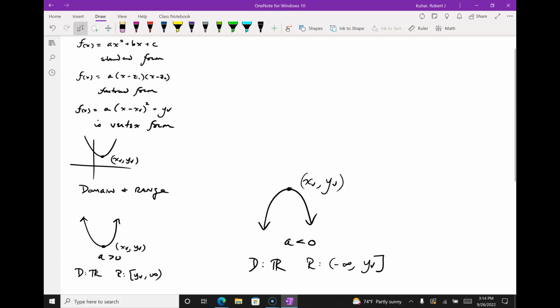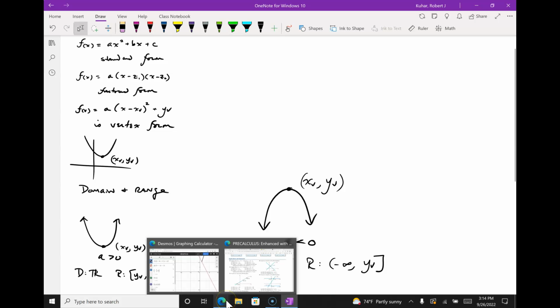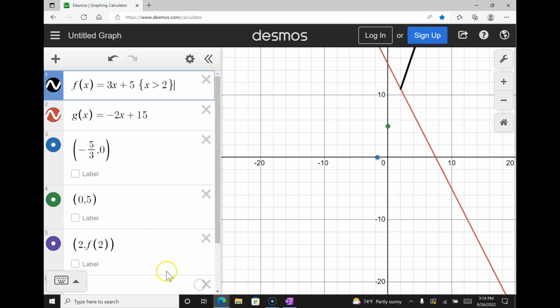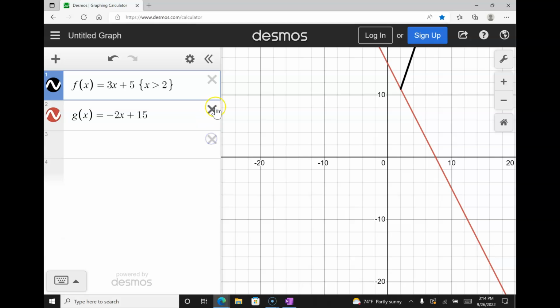It's interesting to think about A, B, and C as sliders, right? So if I go to Desmos, and I would like you to do it at the same time, I will go back to that screen.